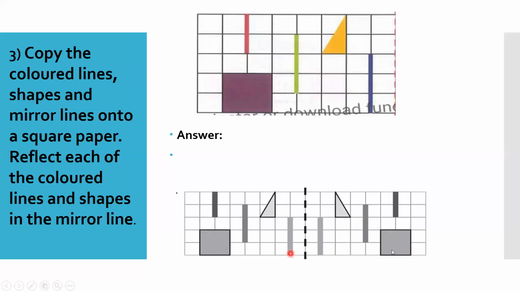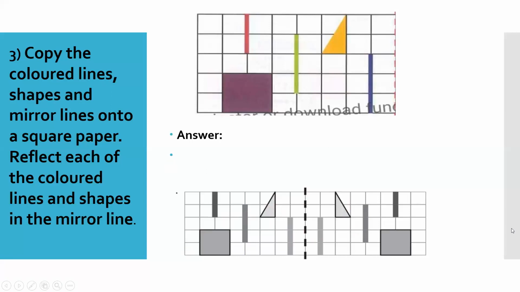So you can conclude that only the triangle got a slight change when we drew it in the mirror line, because it is flipped. While it has flipped, the sides have changed. The rest of the images, when we reflect them in the mirror line, seem to be the very same as they were. So this is the answer for our third question.